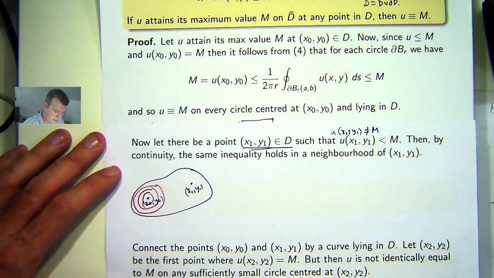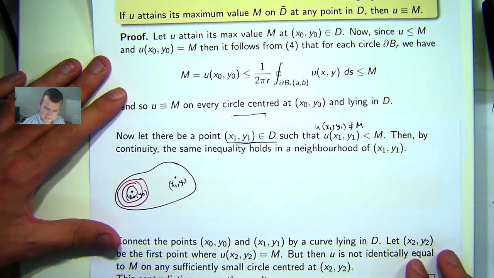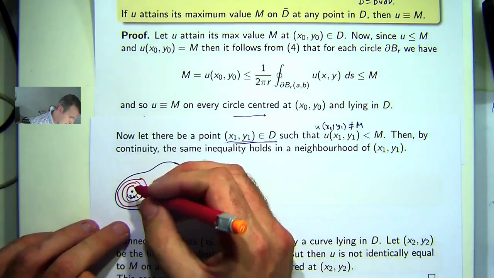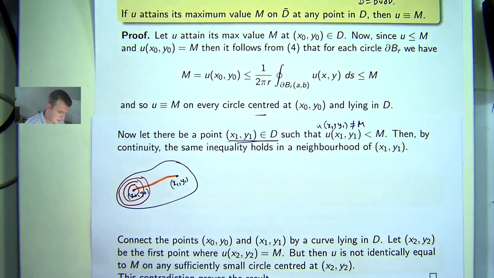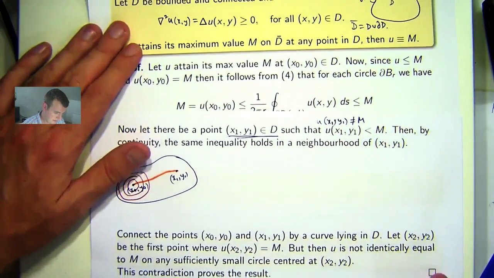Okay, so let's draw a curve between these two points. I can do that because the set is connected.